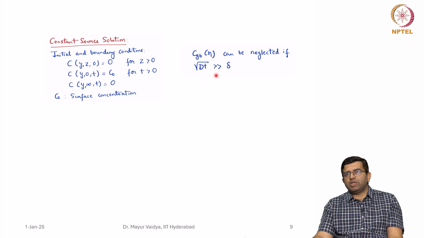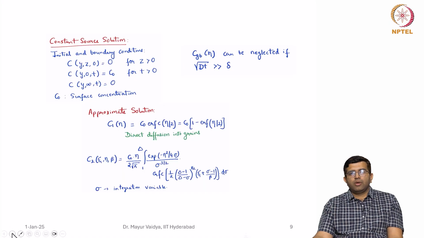So, if root Dt is much greater than the grain boundary width, then quite often the CGB contribution is neglected. So, the approximate solution is given as, the part C1 is given as C naught into error function of eta by 2, which is C naught complementary error function of eta by 2, which is equal to C naught into 1 minus error function of eta by 2. This represents the diffusion into grains.